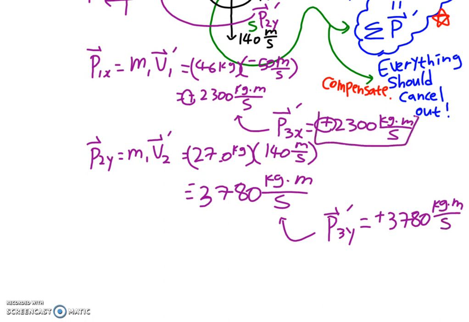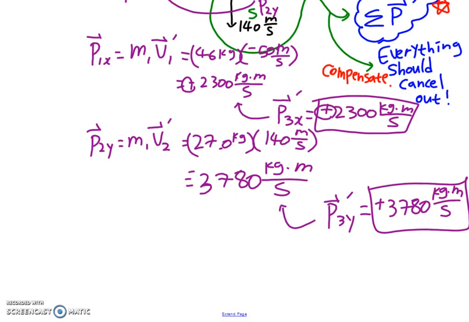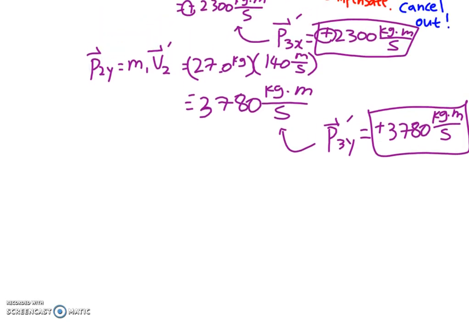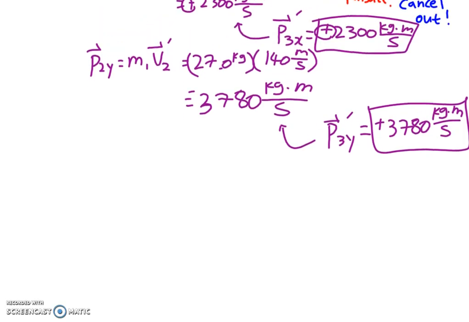Now we do know each of the x component and y component of the momentum. Yes, the question is asking velocity, but we need to find our momentum first. It is a little indirect process. If I redraw the situation, it's basically 3780, 2300, 90 degrees.